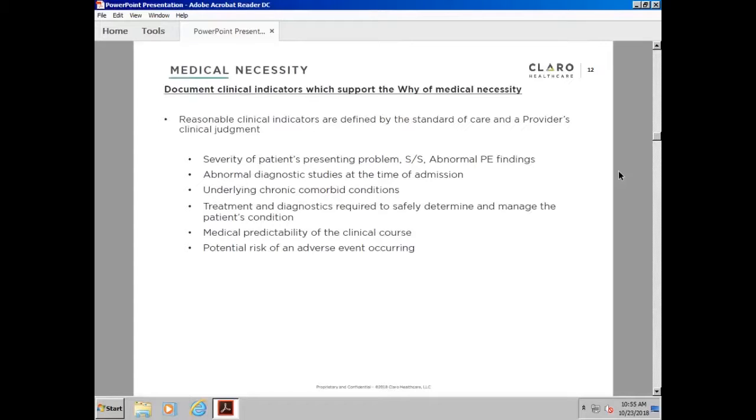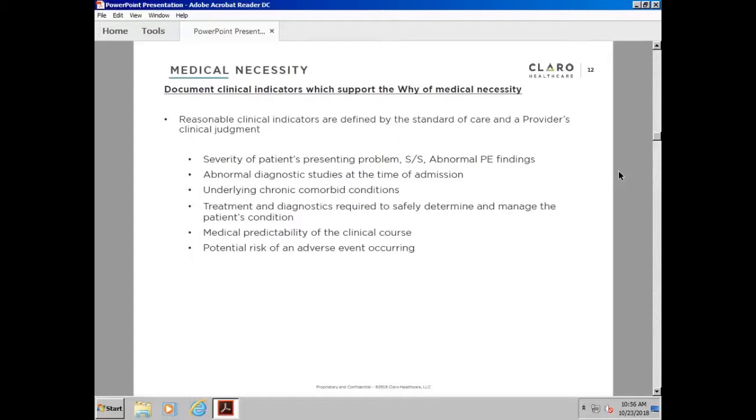So how severe were the presenting signs and symptoms, those abnormal findings that you're seeing when the patient comes in, those abnormal diagnostic studies and your thoughts, this is likely or possible, probable, or sometimes you have a confirmed condition that you're looking at, okay? And it's okay to go ahead, we need that documentation.